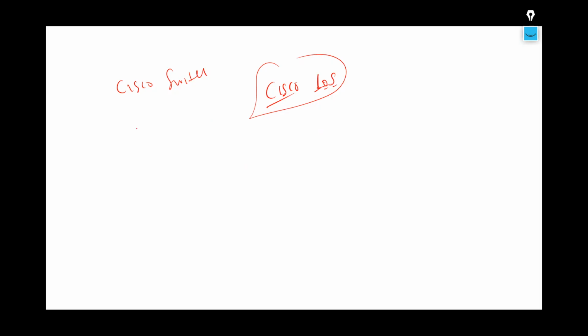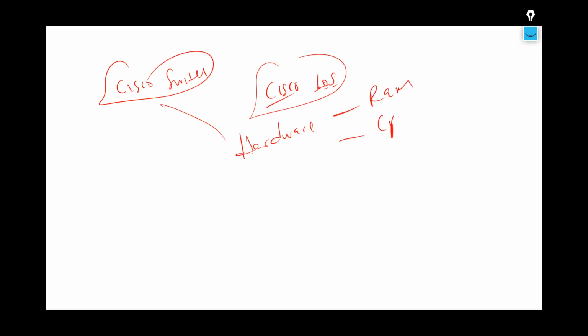This Cisco switch I'm talking about also has hardware, like what you see in a normal computer. It has RAM, CPU, and ports, like your USB, but we have network ports.